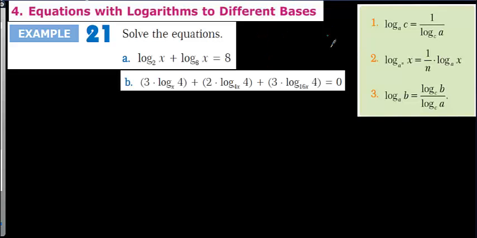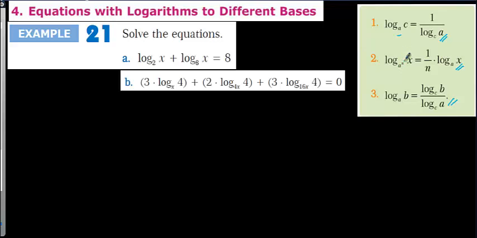Logarithms with different bases, and we are going to use these formulas for the solutions. If you remember the formulas here, if you switch the base and argument, you write one over the logarithm.